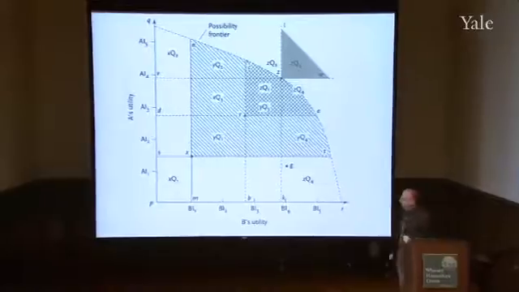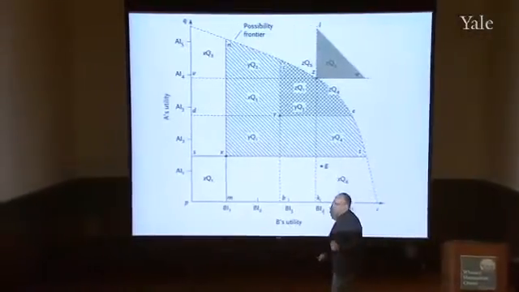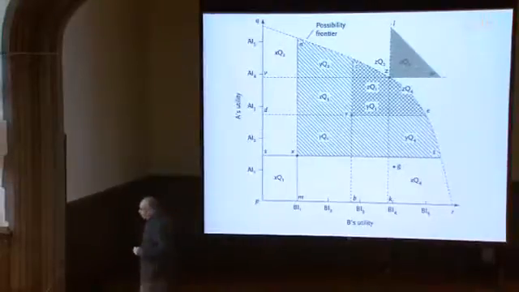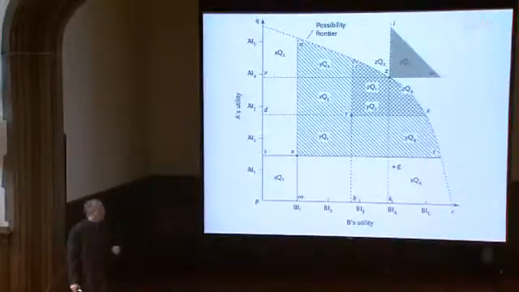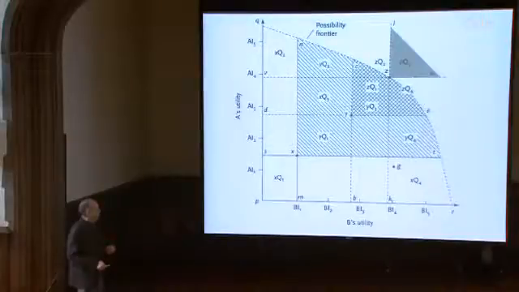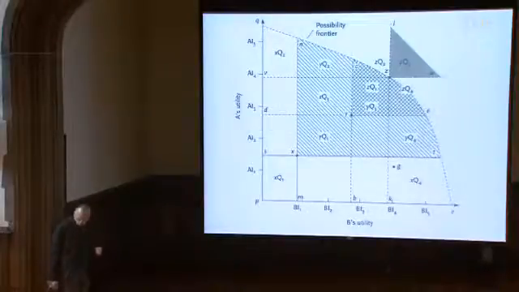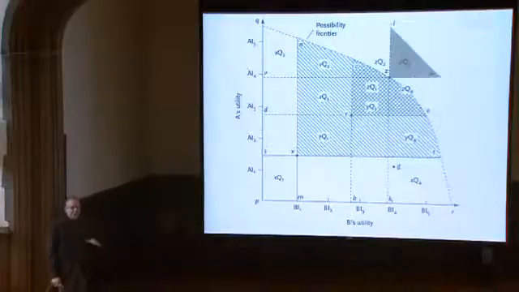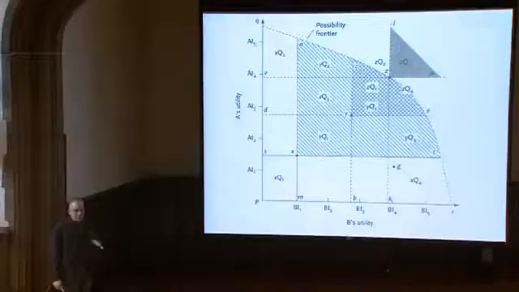Now, what we're going to do here, instead of one person and two commodities, we're going to think about two people. We're creating a diagram with two people on it. And as I promised you earlier in the semester, anything I do with a diagram I will also do verbally.